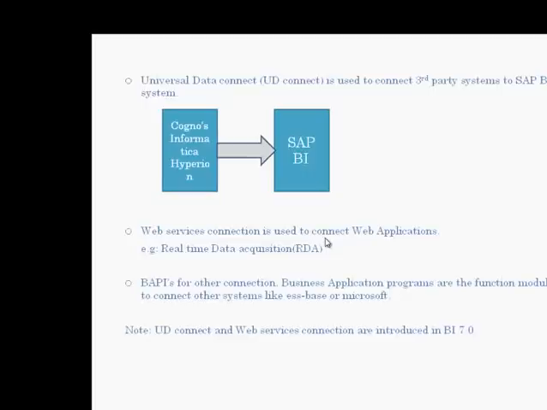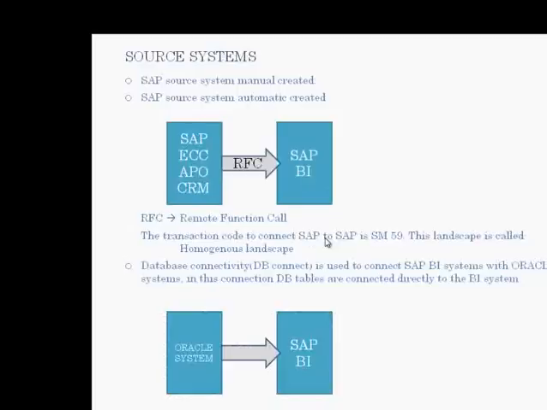Generally, basis people do the connection, but it is not that hard. We can do that ourselves as well. If you have some problems, if you are in support, you can go to SM59 and check the source system, and you can adjust it if there is a problem.